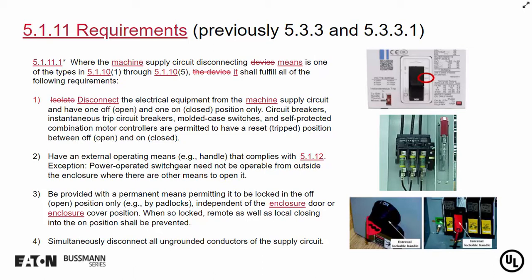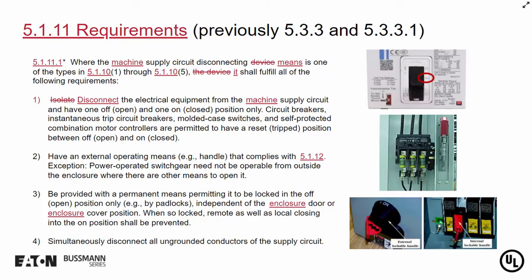If I look at the rotary style device at the bottom there, it does show the ability to lock it out, which is required. And that would prevent, when so locked, remote as well as local closing into the local position. But when I open the enclosure door, that rotary style handle loses contact with the shaft.